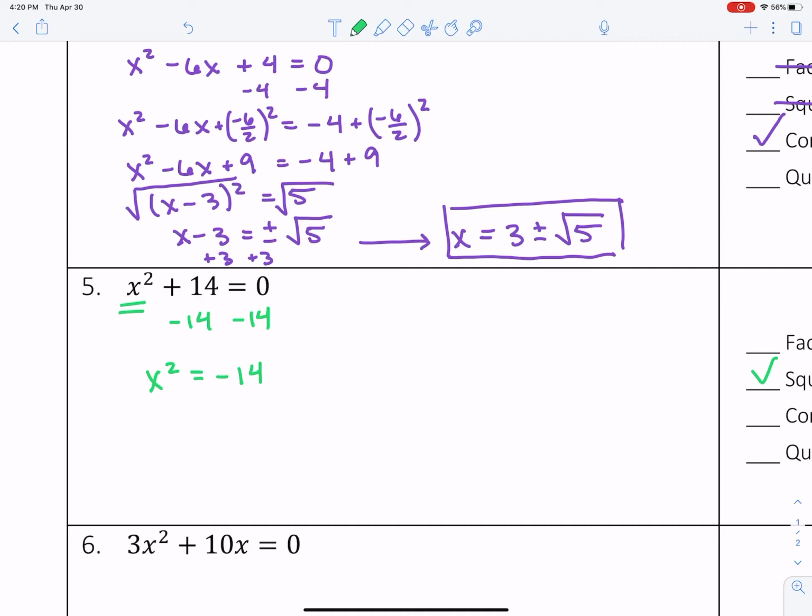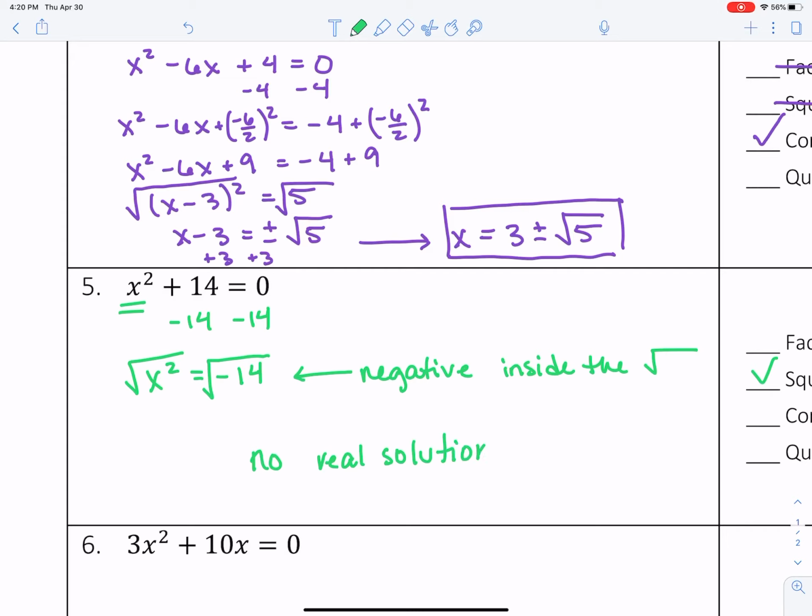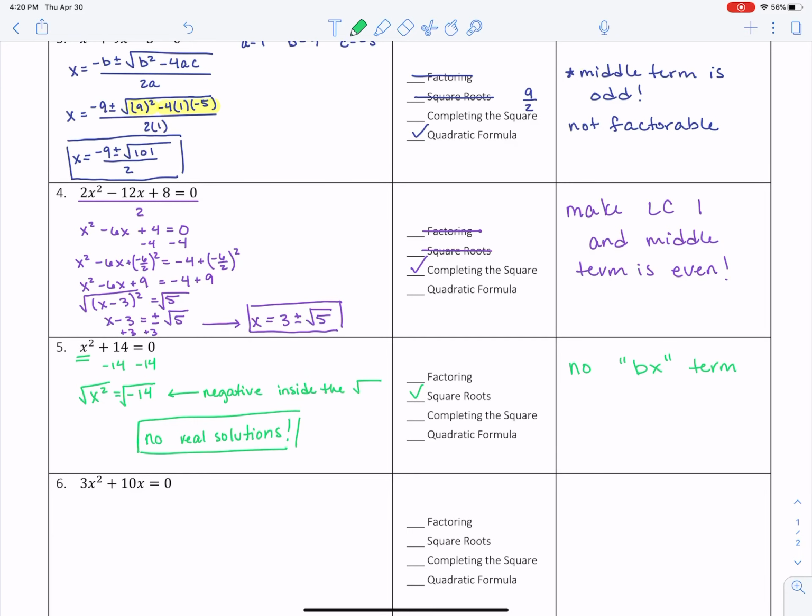In order to undo that squared, I have to take the square root of it, and this is why we're throwing this one in. Uh-oh, I ran into a problem right here. There's a negative inside the square root. And that's my problem, as of right now I cannot do that, meaning that we don't have any real solutions. No real solutions for this guy. This is my answer. So pretty easy and pretty fast when they solve by the square root.